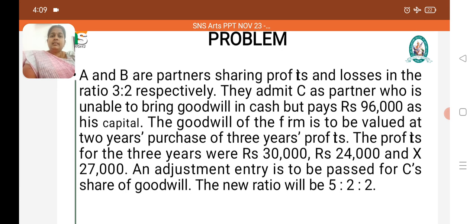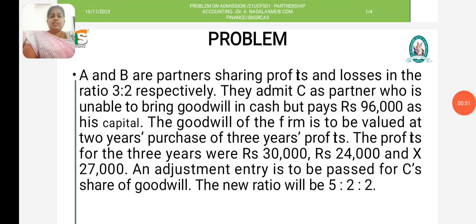A case deals with A and B are partners sharing profits and losses in the ratio 3:2 respectively. They admit C as a partner who is unable to bring goodwill in cash but pays 96,000 rupees as his capital.